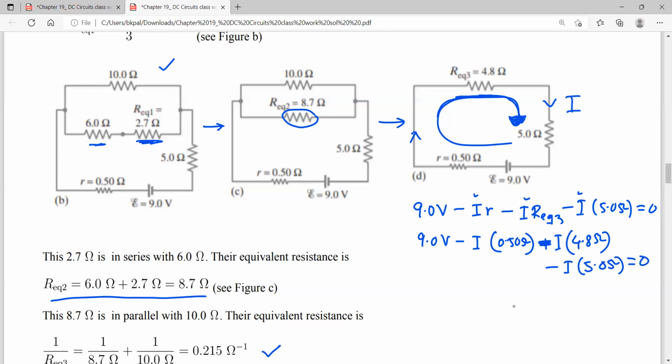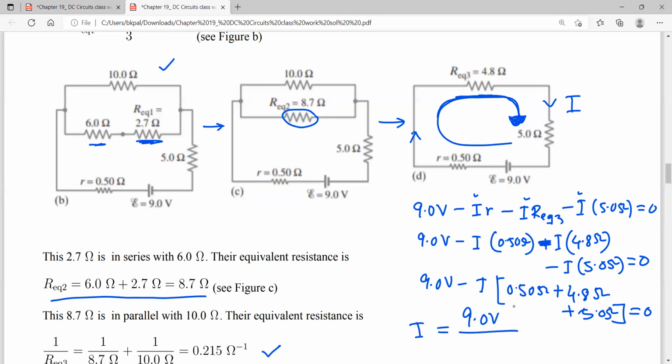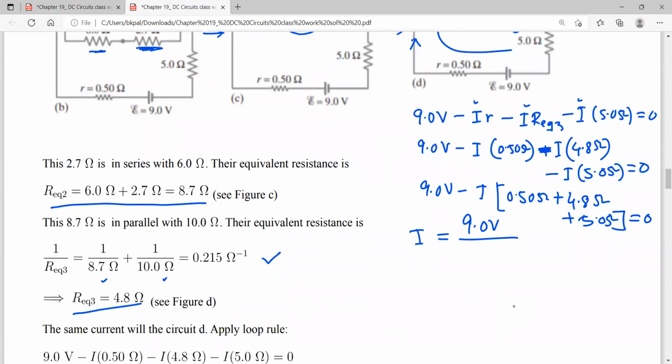If I solve this for I, I get 9 volt equals I times (0.50 omega plus 4.8 omega plus 5 omega). So I will be 9 volt divided by 0.50 plus 4.8 plus 5.